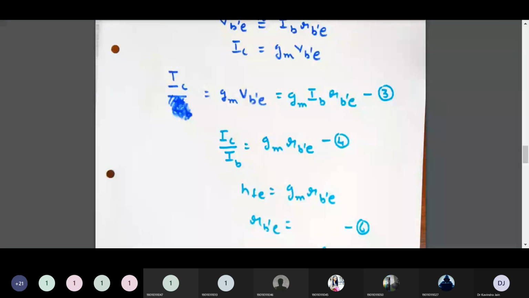Now 1 upon RB dash E would be equal to GM upon HFE. I repeat, I have taken the reverse, so 1 upon RB dash E becomes GM upon HFE, equation number 7.